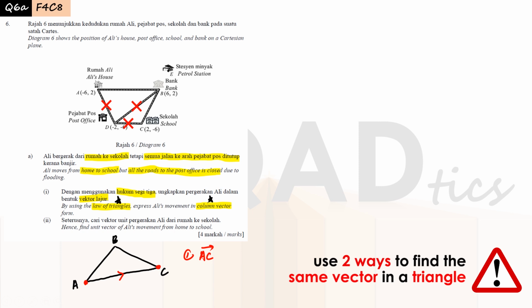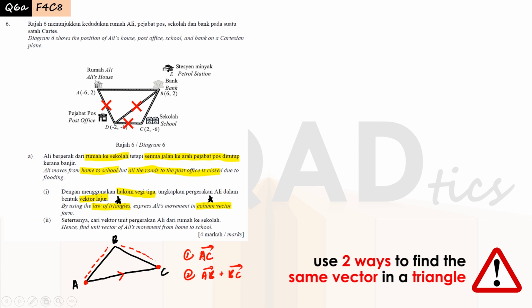The second way is to pass through point B, going from A to B and then B to C.